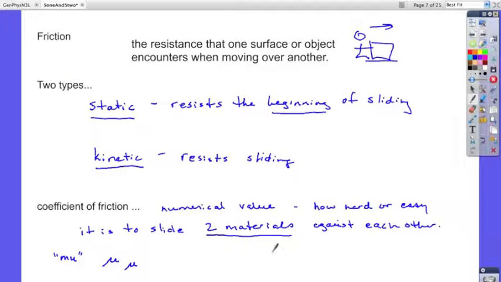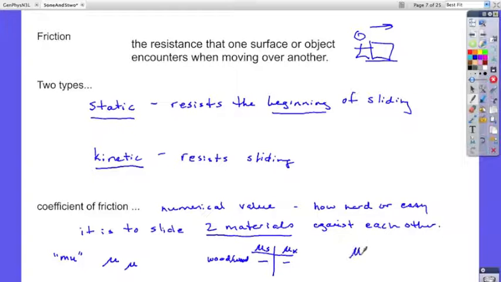If you looked it up, there would be a table that would say coefficient of static friction and coefficient of kinetic friction for each of these. And it would say things like wood, wood, for example. And there would be these two numbers here, because the coefficient of kinetic friction is different than the coefficient of static friction for the same two materials.